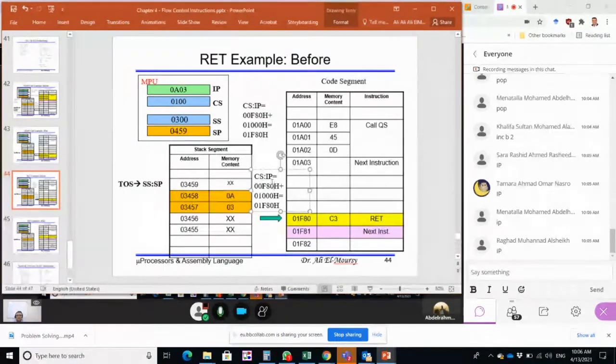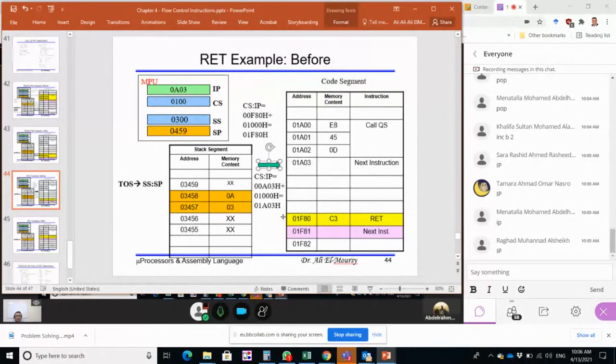The next instruction to be executed right now, based on the new value of the IP, has the address 0A1A0. So the microprocessor will execute the instruction after the call.